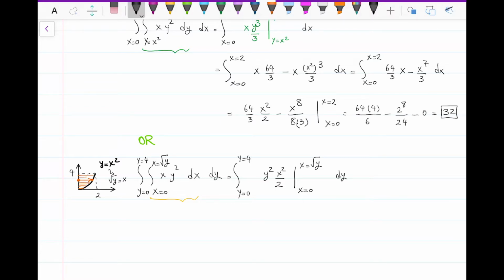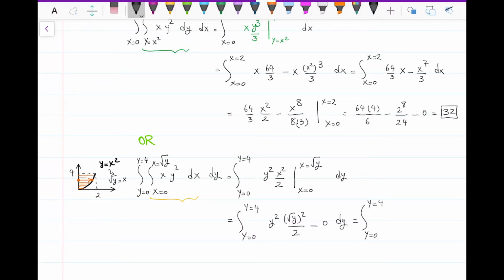And then dy. Okay, so y equals 0, y equals 4. And then I'm going to replace any x with root y in here. So I get y times square root of y squared over 2 minus, plug in 0 for any x. I get 0, dy.